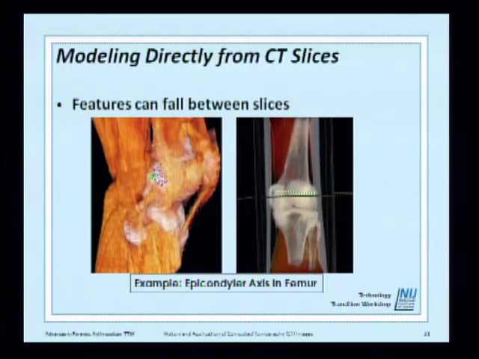If you measure it directly from the CT, and you're not aware that this axis could span a number of slices, you see in the green here, it's not in one plane. Some people make this mistake and take this measurement as if it's the length, but they are taking the projection of this line. So it can matter by a few millimeters. That's why you have to be very careful if you're making direct measurements from CT slices.